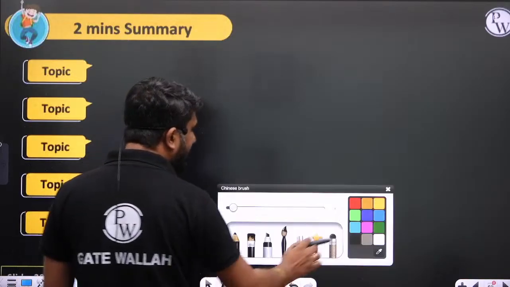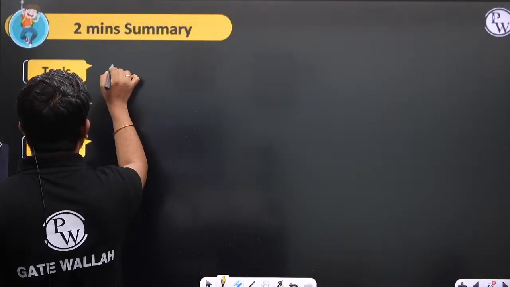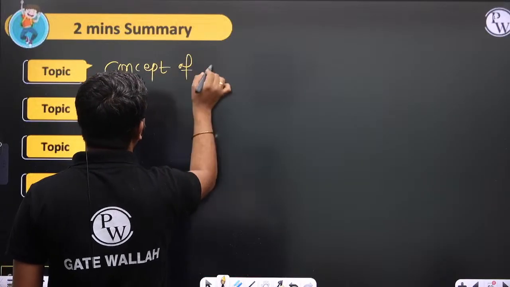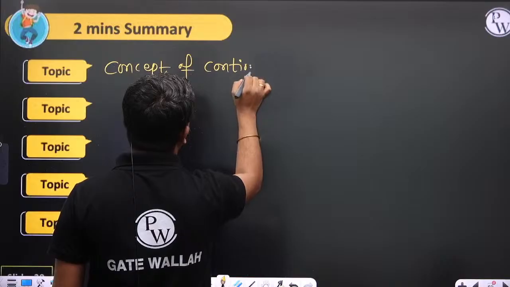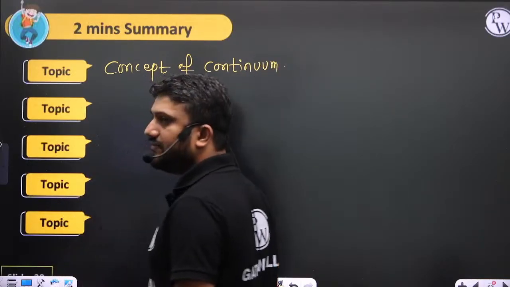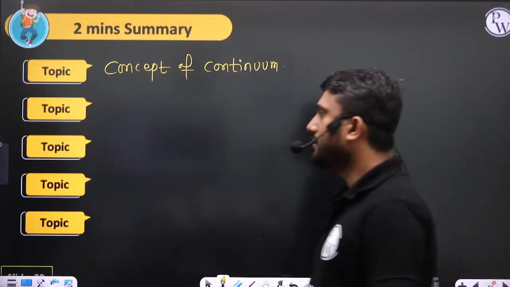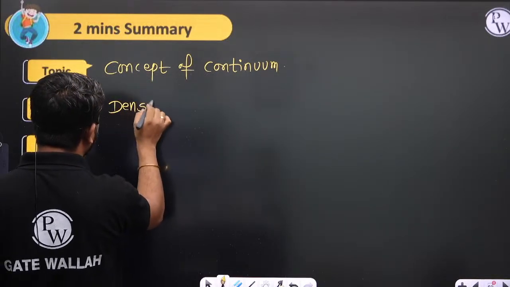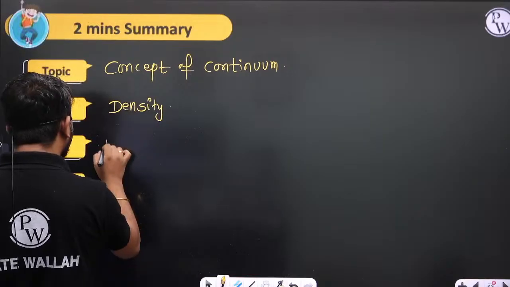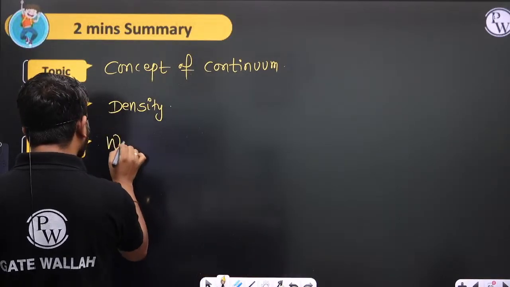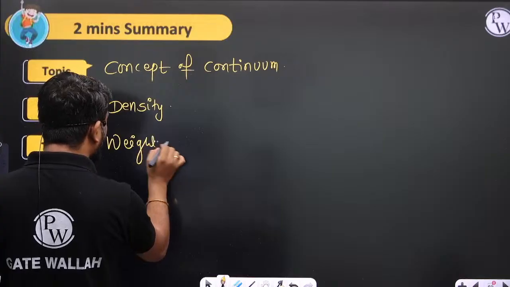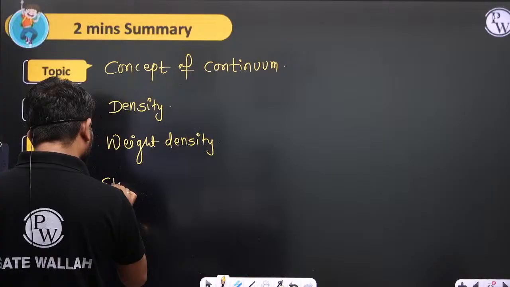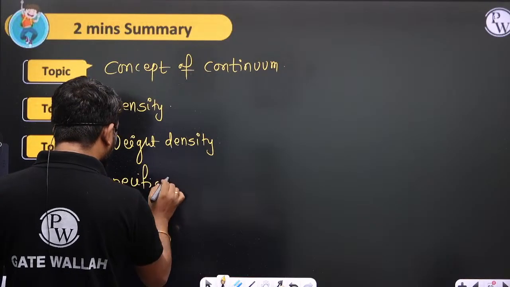So what topics did we discuss today? First we discussed the concept of continuum. Then we discussed the fundamental properties: density, weight density, and specific volume.